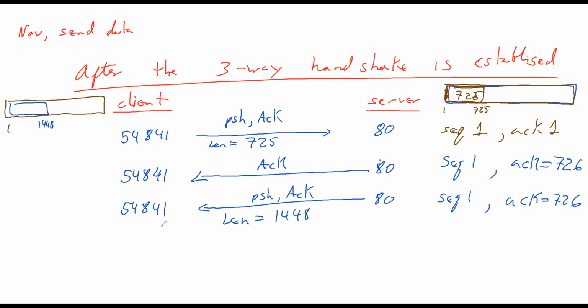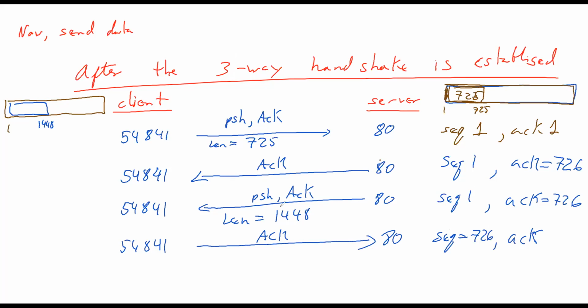And then finally, from port 54841, the client is going to ACK back to port 80 the information that it just got. This is going to be an ACK, and it's going to say, I'm still at sequence number 726, but I'm now ACKing that you just sent me 1448.